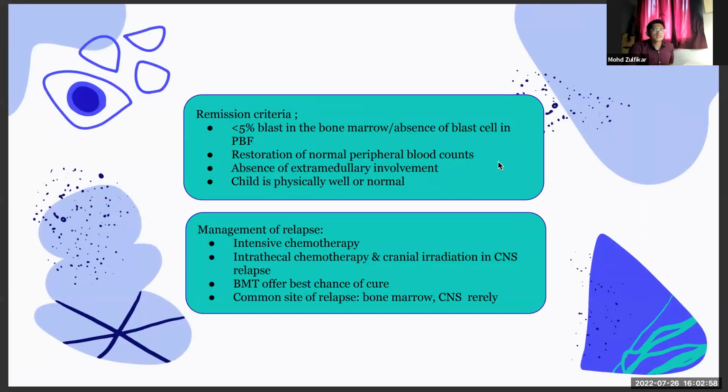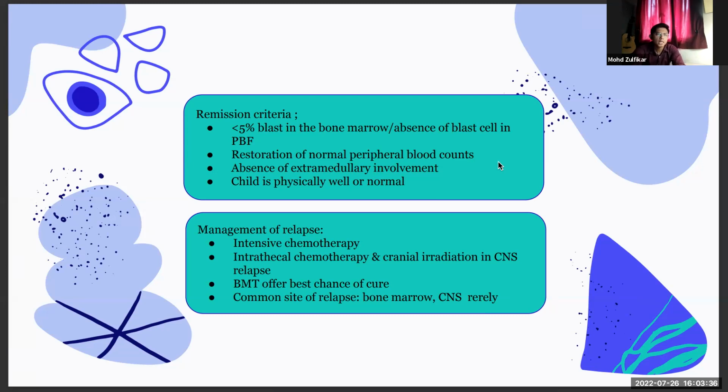The criteria for remission in acute myeloid leukemia are almost the same as in the acute lymphoblastic type of leukemia, whereby there is less than 5% of blasts in the bone marrow, or totally absent blast cells in the peripheral blood film, or restoration of normal peripheral blood counts, and also absence of extramedullary involvement, and the child is physically well or normal.